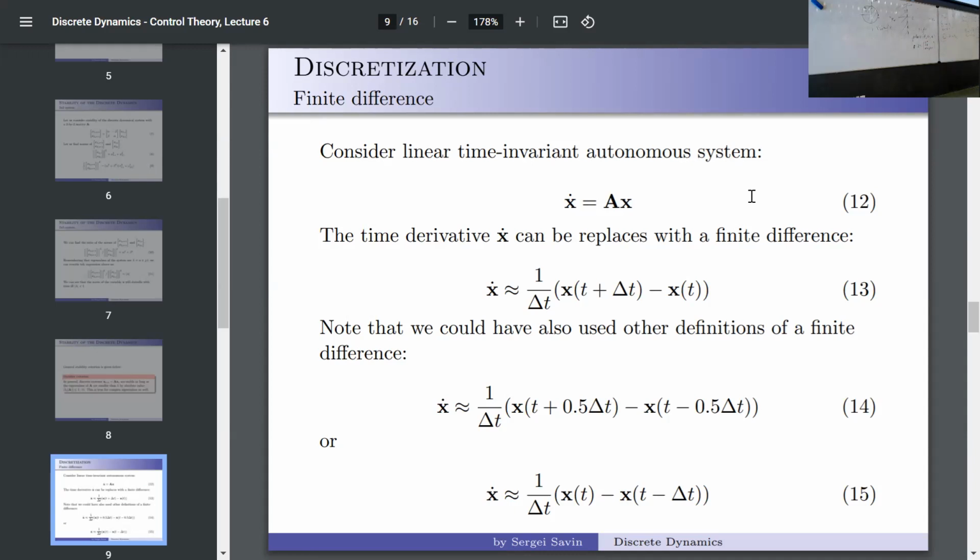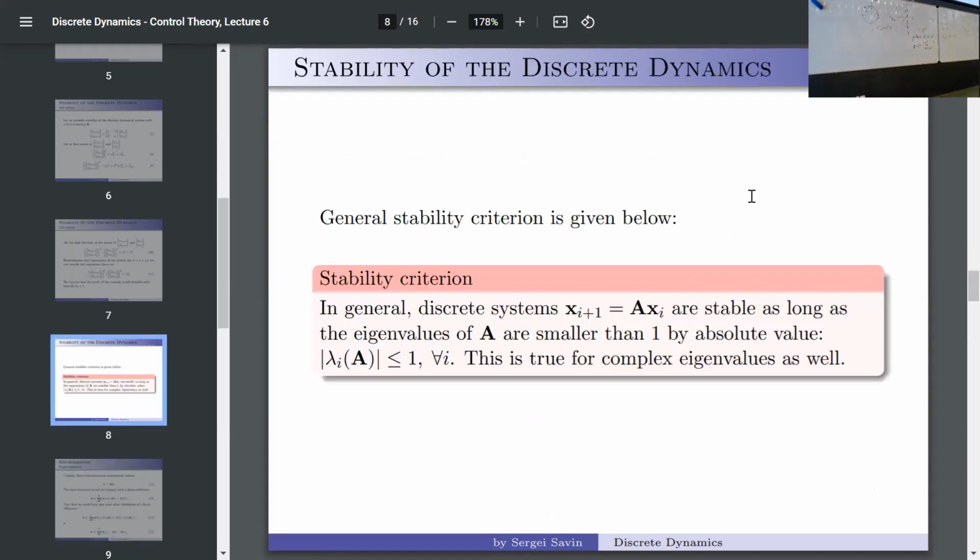So there is nothing different about the control design. Just the A and B matrices, and all you want is for the closed loop to have this stability property.